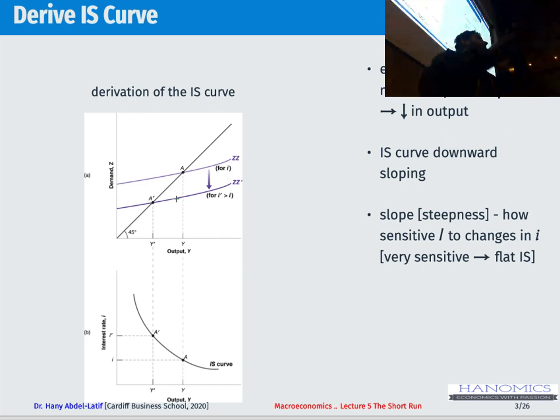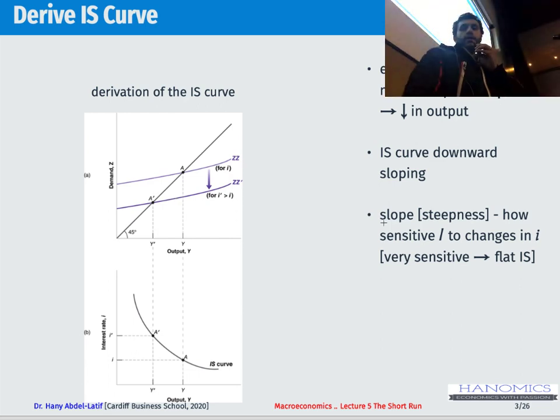For the fiscal policy effect, we took government spending as exogenous. So if government spending changes, that will shift the aggregate demand curve, and that will cause a shift of the IS curve. The same thing applies to taxes. Higher taxes mean lower aggregate demand, and that means the IS curve will shift to the left.